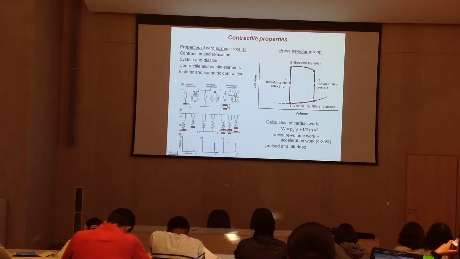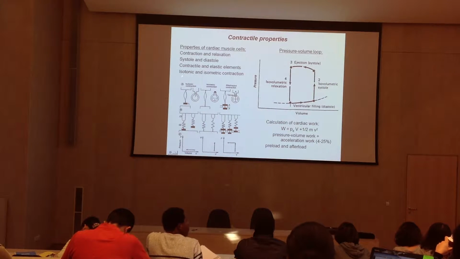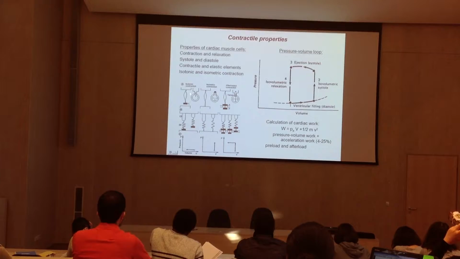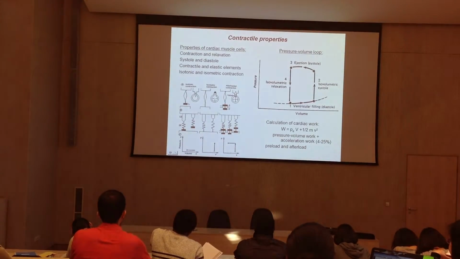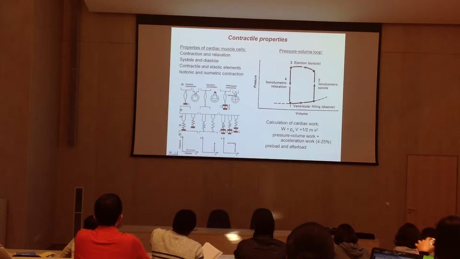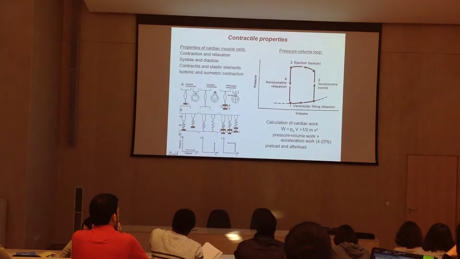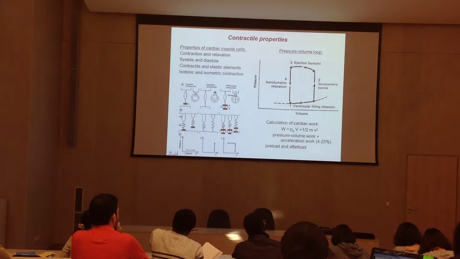Now, if there is an isotonic contraction, isotonic systole, in this case, the muscle fibers will shorten, the volume of the intraventricular space, the blood there, will be smaller, and without any increase in the pressure, the blood can leave the ventricle because there is no resistance in the periphery, in the aortic pressure. There is no pressure in the aorta.